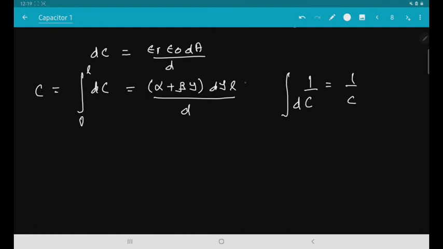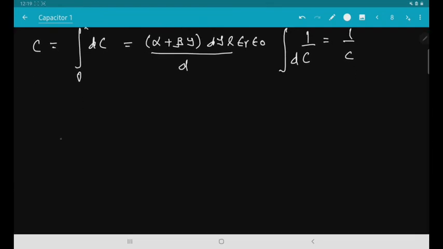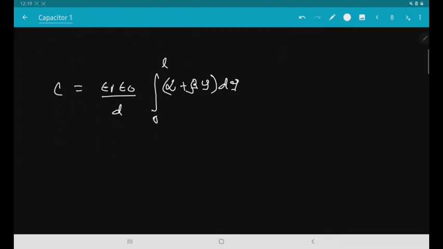Okay, dC I have not written here, epsilon naught epsilon R. So capacitance will be, epsilon R and epsilon naught are constant, let us bring them outside. D is also constant. We will have integration of alpha plus beta y into dy from 0 to L.